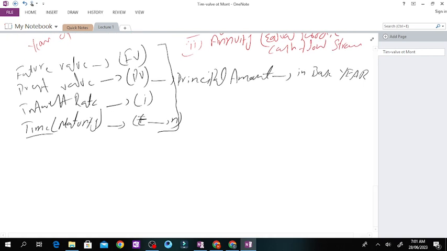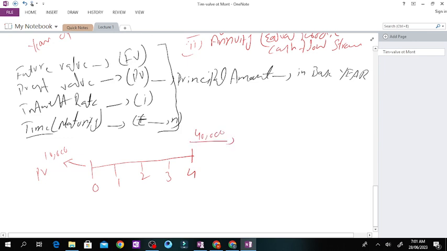For example, 0, 1, 2, 3, 4. If you are investing, let's say, 10,000 as present value, and you are getting, assume, 40,000 at the end of your maturity time, or at the end of year 4.